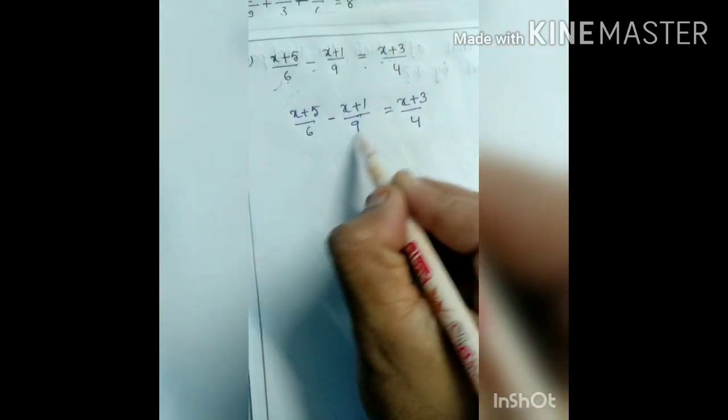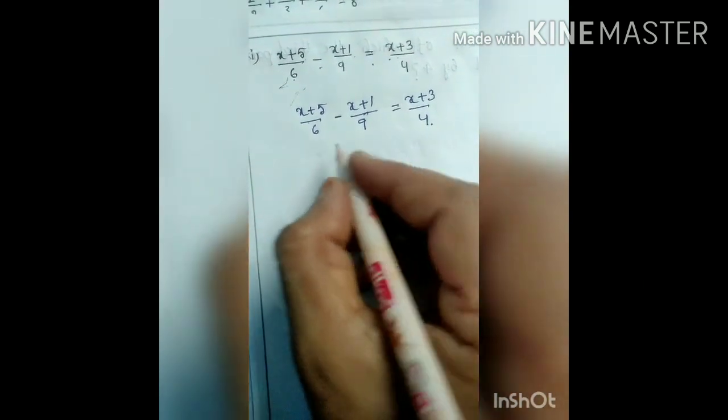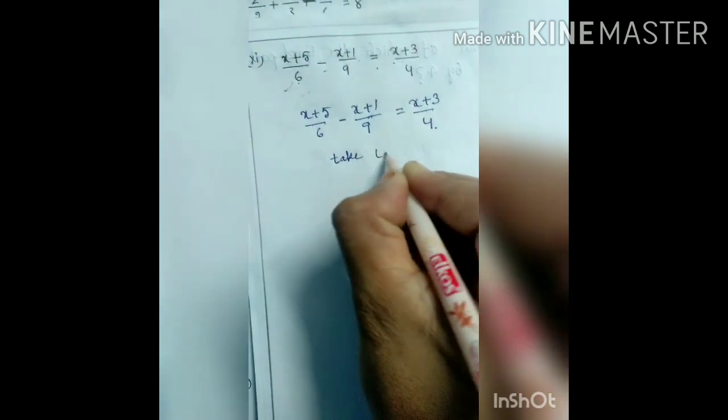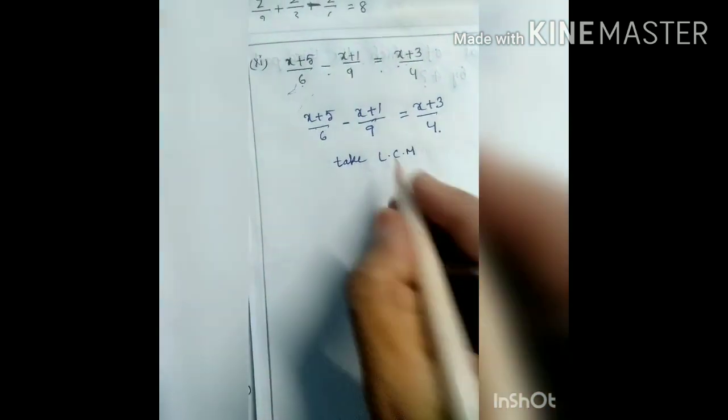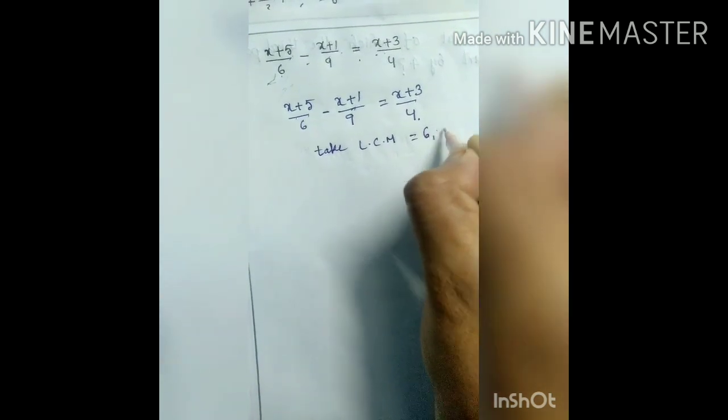This is the LHS and this is the RHS. So now let us take the LCM. So here 6 and 9.